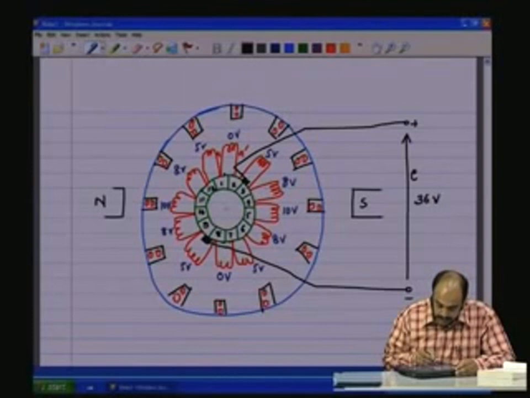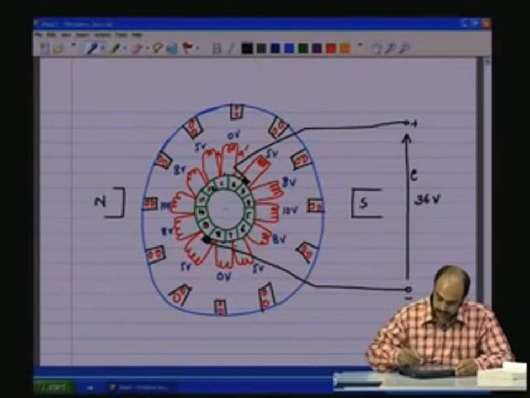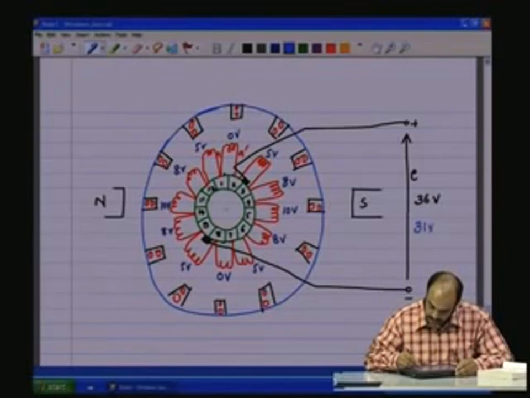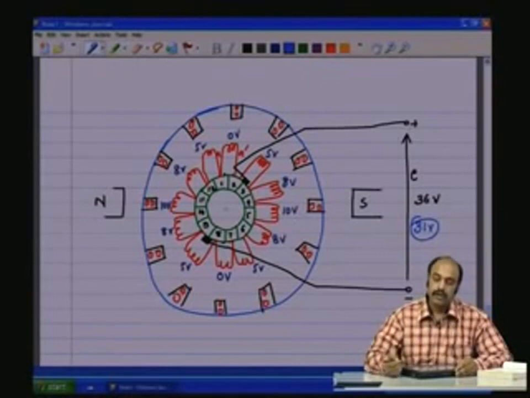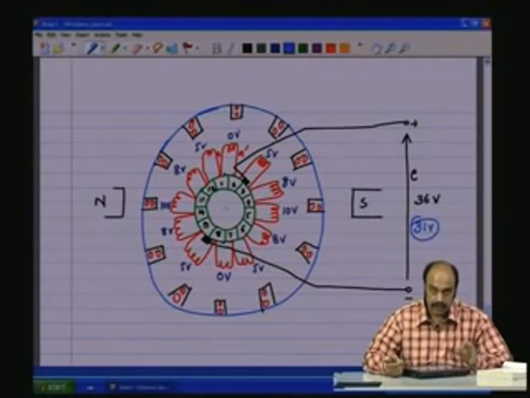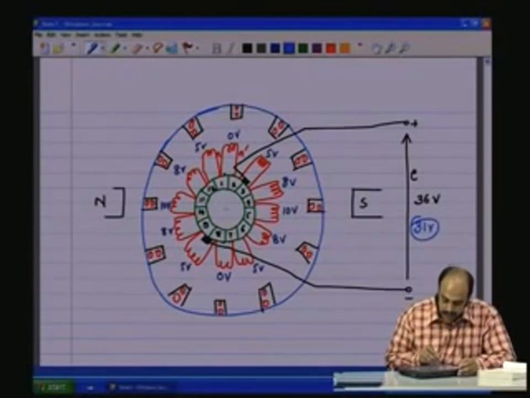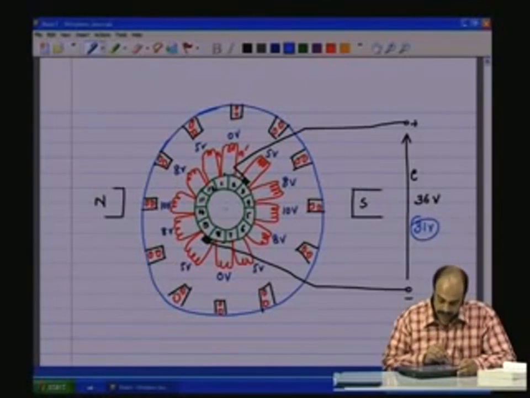Now the voltage across the brush is, between 3 and 4, 8 volts plus 10 volts plus 8 volts, that is 26 volts, plus another 5 volts, which is now 31 volts for this brush position, which means the voltage across the brushes is going to reduce, and further the brushes are shorting the 5 volts across the coil.